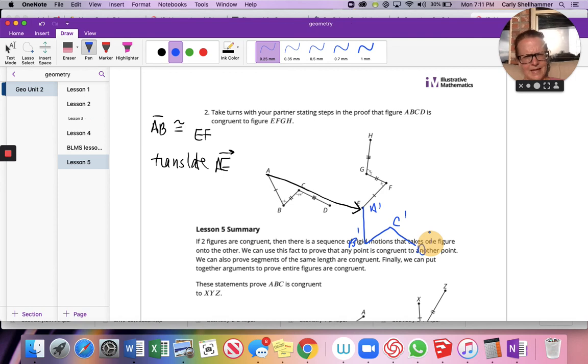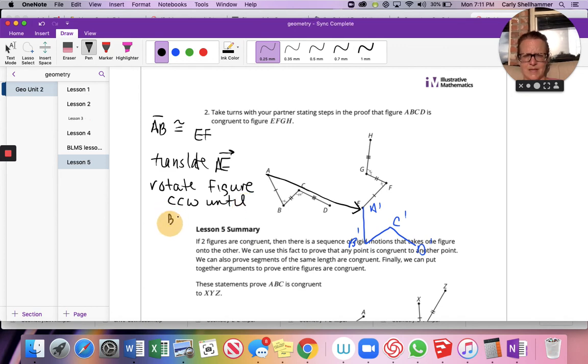Okay, now I'm still going to rotate because that's what I do. If I can see the rotation, I'm going to rotate the figure counterclockwise until, it doesn't matter what points you pick, until B prime coincides with F prime. That's a funny looking F, isn't it?